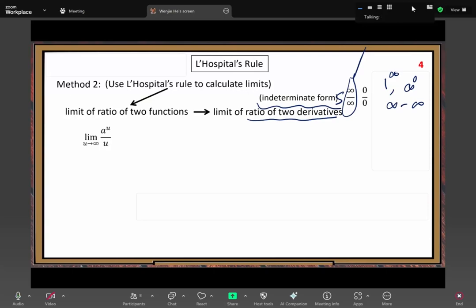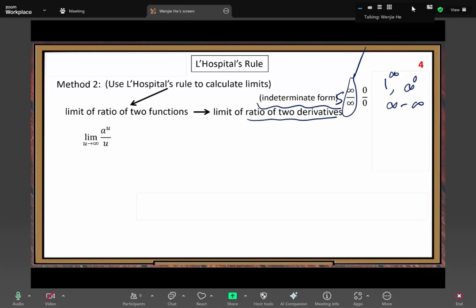This time, because it is an indeterminate form, when u goes to infinity, the numerator goes to infinity, and the denominator also goes to infinity. So then we can apply L'Hopital's rule.